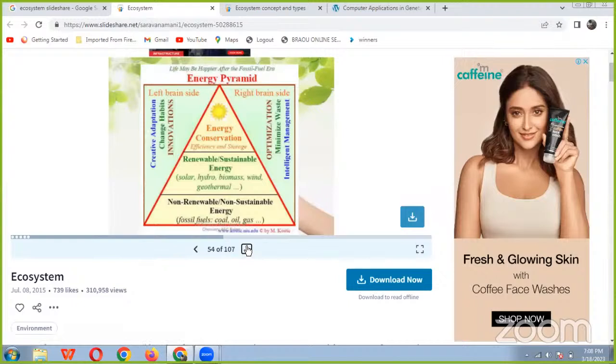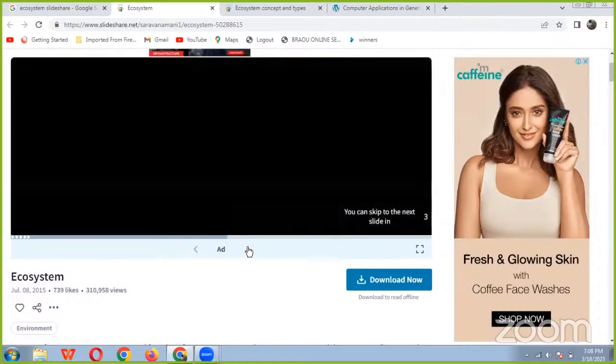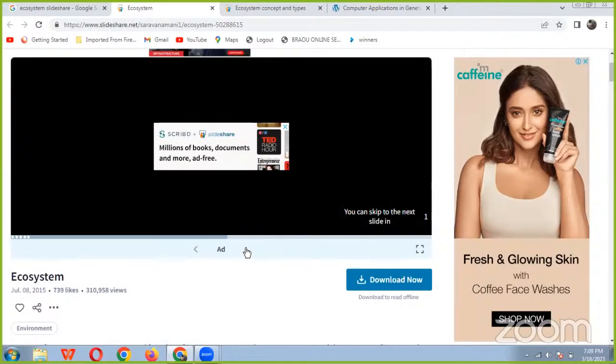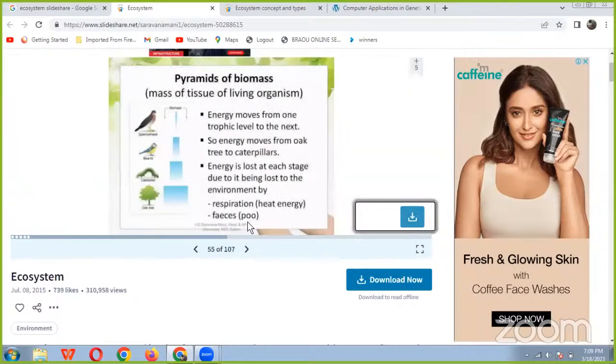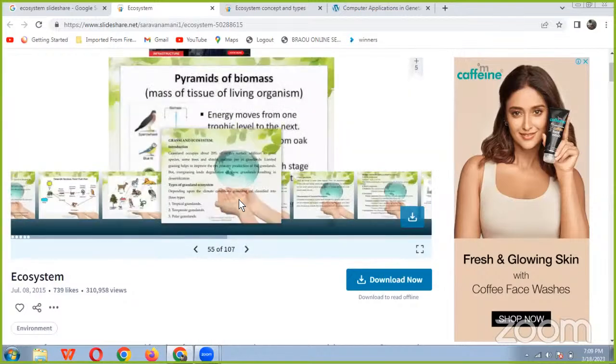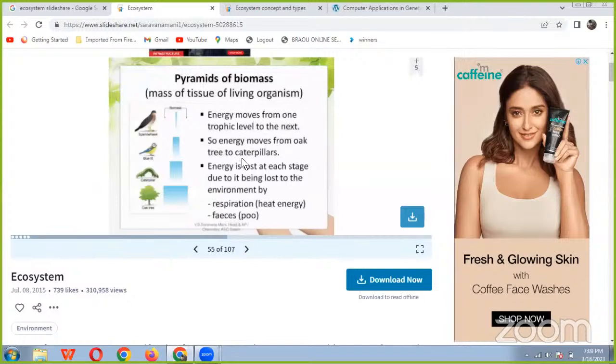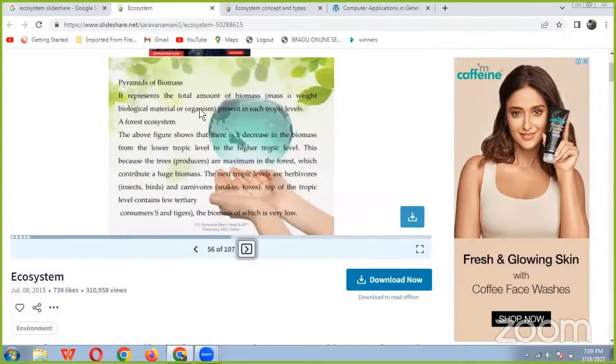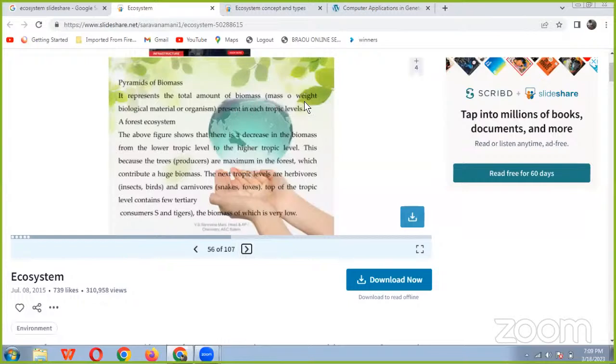Mainly in the pond ecosystem, the biomass pyramid is in the inverted condition. Pyramid of energy is mostly upright. The pyramid of biomass is the total amount of living mass, for example in a forest ecosystem.